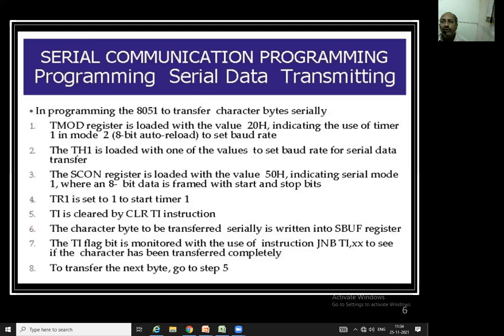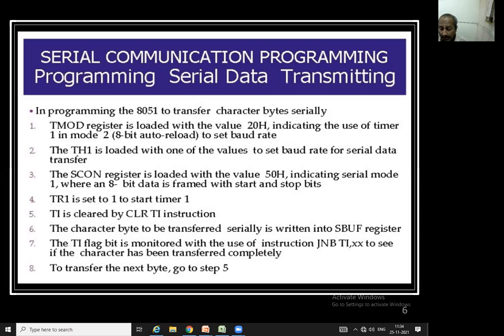So what are the steps now? If you want to write a program, you have made the physical connections, that the microcontroller is connected to MAX232 through RS-232 to the computer, but what program has to be burned into the 8051? For that, the first thing is which registers are related to serial communication.